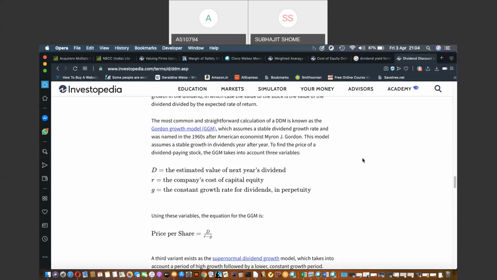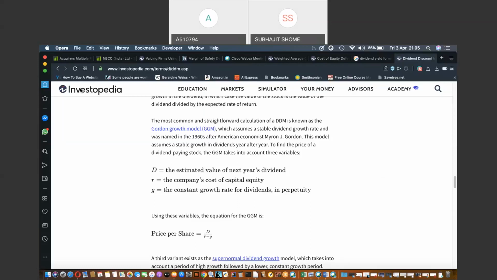Once we have the intrinsic value, we are done. We have got the actual indicator whether we should purchase the company or not. 0.5 into 17.6 is how much? 8.8.